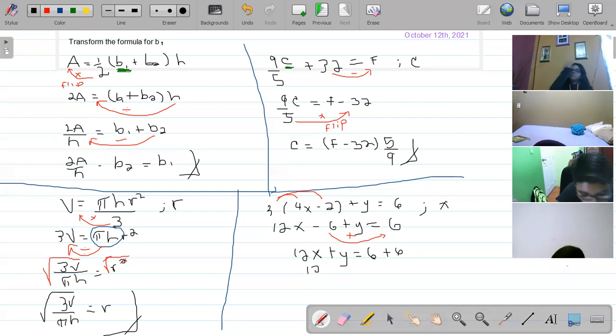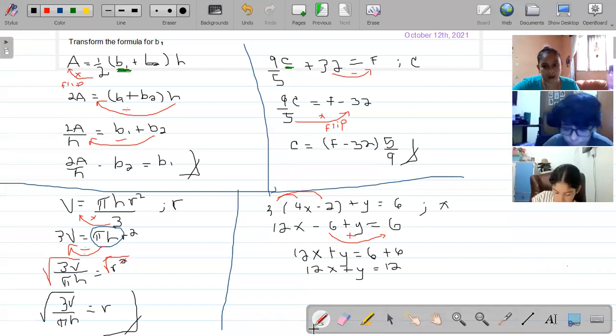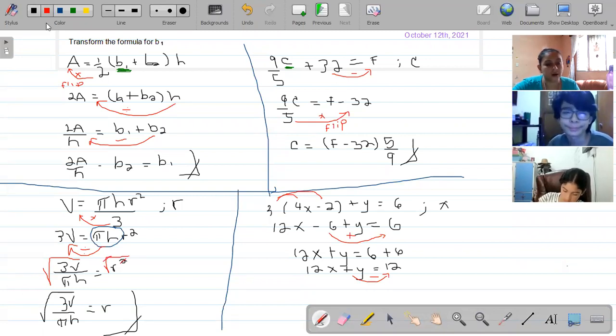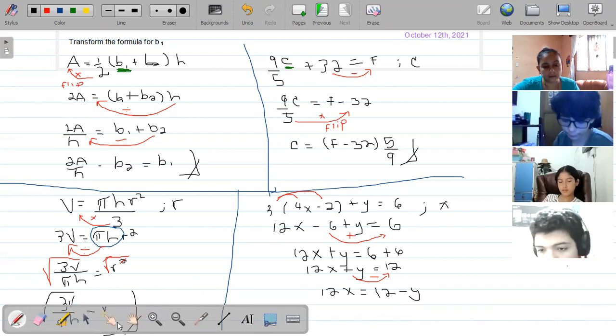How much is 6 plus 6? 12. Okay, 12x plus y is equal to 12. Okay, now which one should I move? The y. And if it's adding, it goes to the other side? Subtracting, correct. So now we have 12x is equal to 12 minus y.